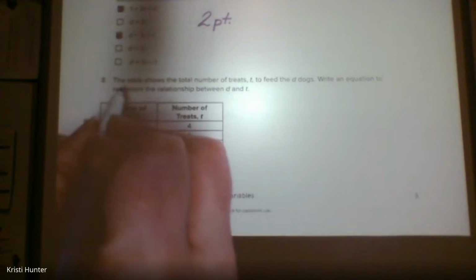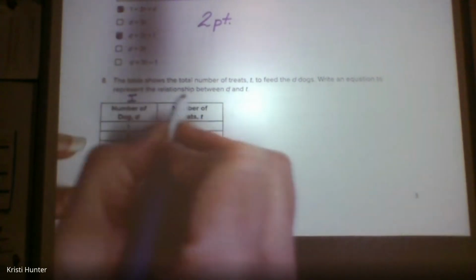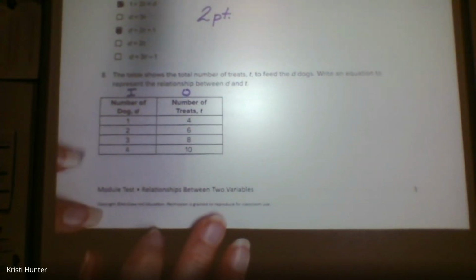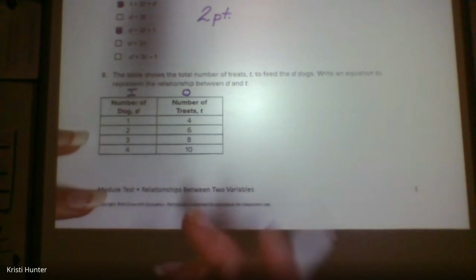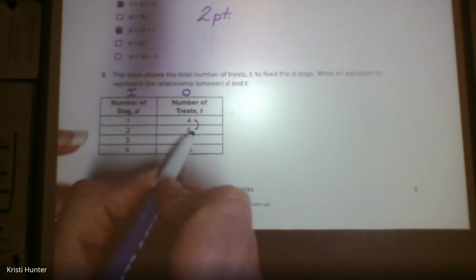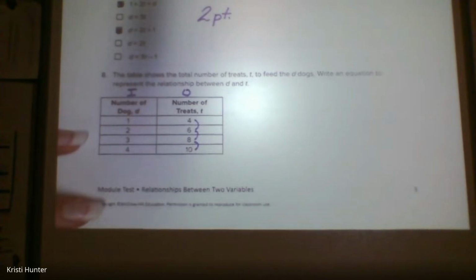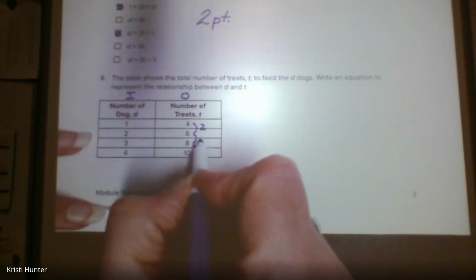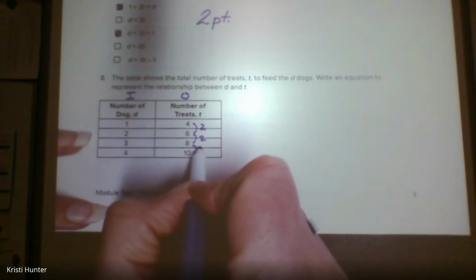So if I know input is my dogs, output, or the dependent variable, is the number of treats they get, I've got to look at my output and see how much is the difference between those two numbers. So if I look, 4 to 6 is 2, 6 to 8 is 2, 8 to 10 is 2.